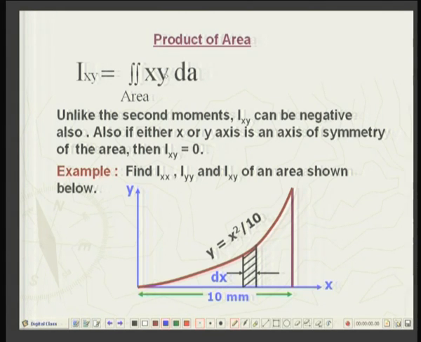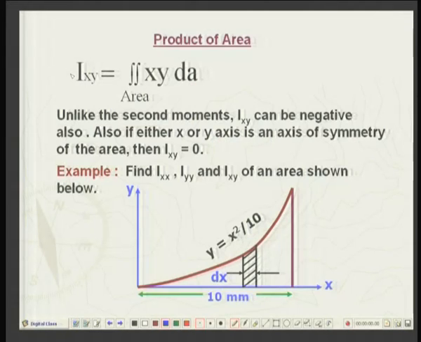When you integrate it, partly it is negative, partly positive, and if the positive and negative components balance out each other, then the value of Ixy will be 0. So, this product of area, in contrast to the second moment of area, can be positive, negative or even 0, whereas the second moment of area was always positive and non-zero. So, please remember this distinction.